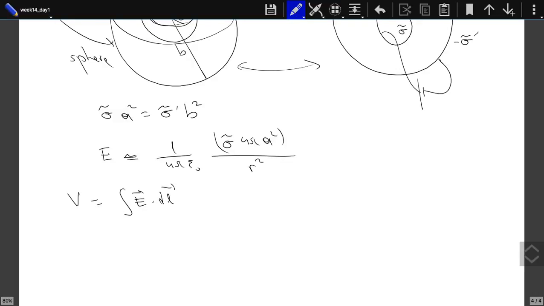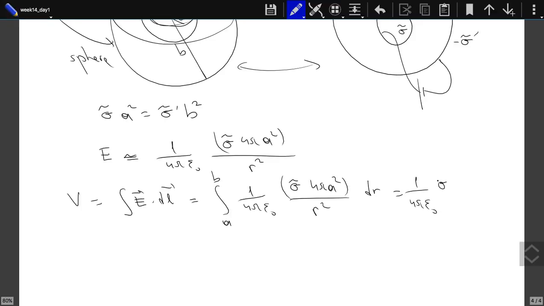If we just take a radial line segment connecting the inner surface to the outer surface, this is equal to 1 over 4 pi epsilon 0 sigma tilde 4 pi A squared divided by R squared times dr, R going from A to B. And this will be equal to 1 over 4 pi epsilon 0 sigma tilde 4 pi A squared times 1 over A minus 1 over B. This is the potential difference in terms of that sigma tilde.